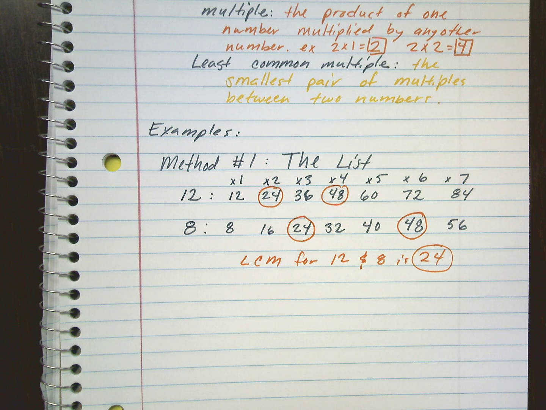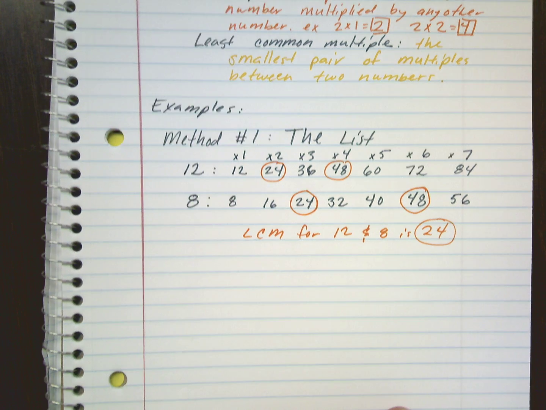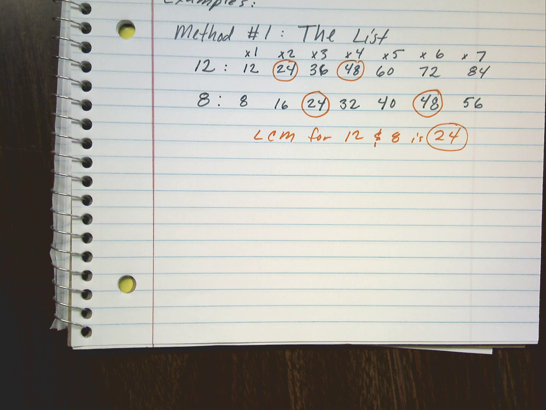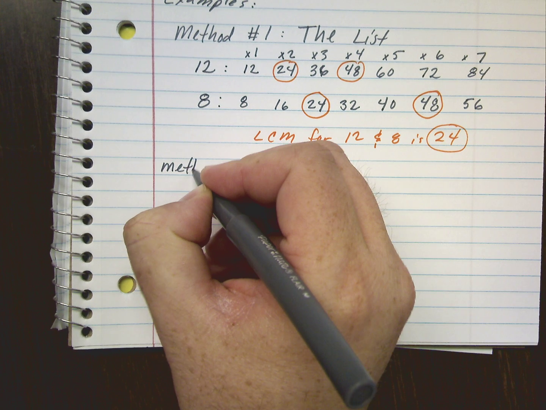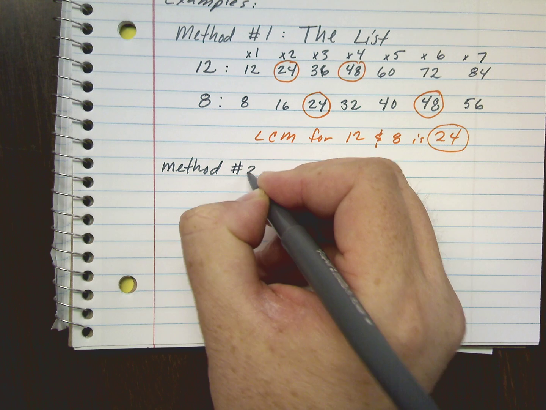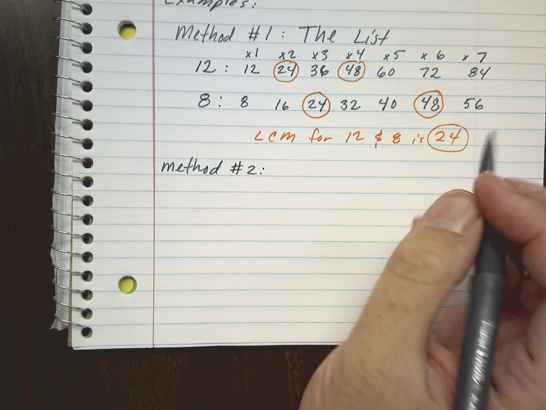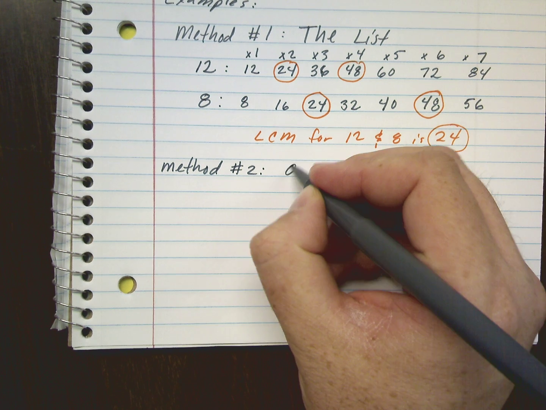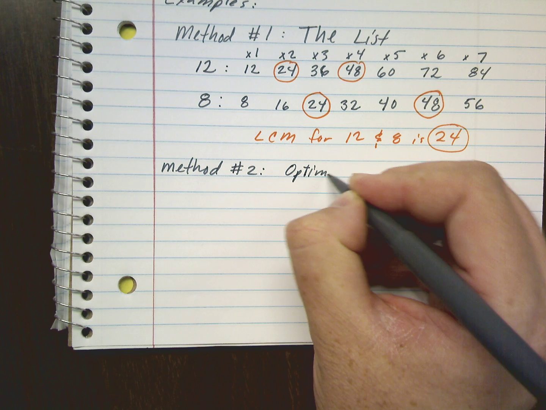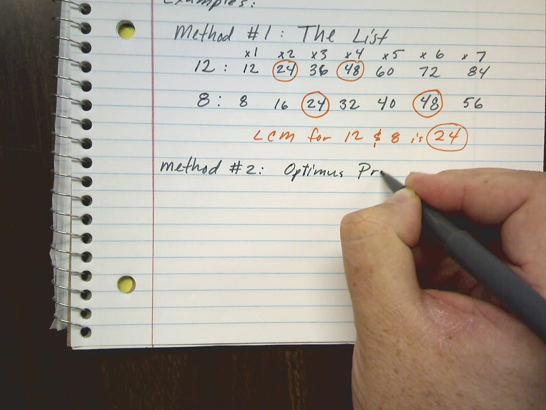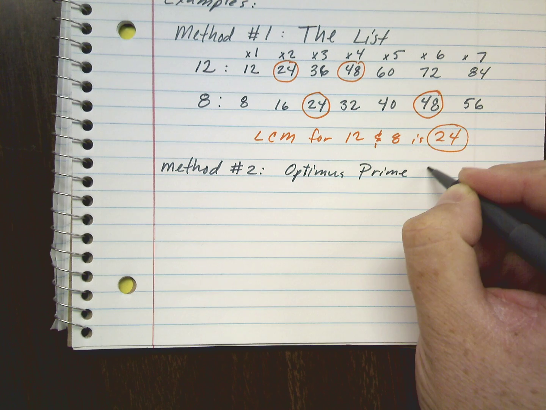Now that we know that it's 24, I'm going to show you a different method. This is method number 2, and I like to call it Optimus prime factorization.